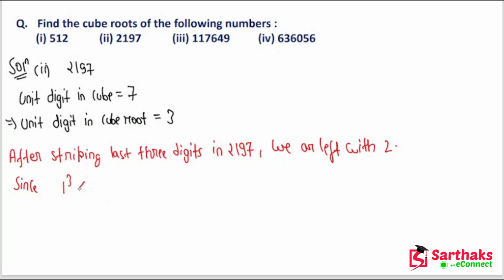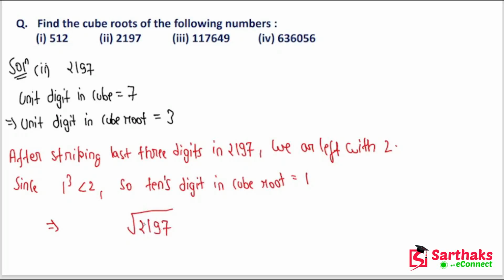Since 1 cube is less than 2, the tens digit in the cube root is equal to 1, which implies that the cube root of 2197 is equal to 13, right?